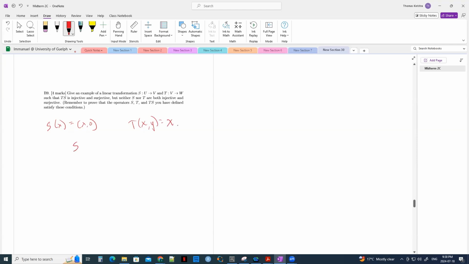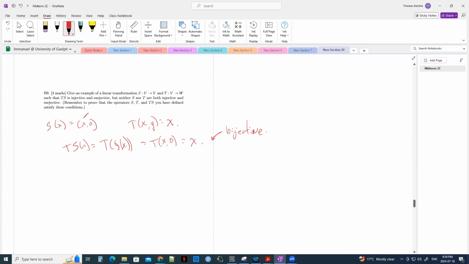And now TS of x equals T of S of x equals T of (x, 0), which equals x. And this you can show is bijective.